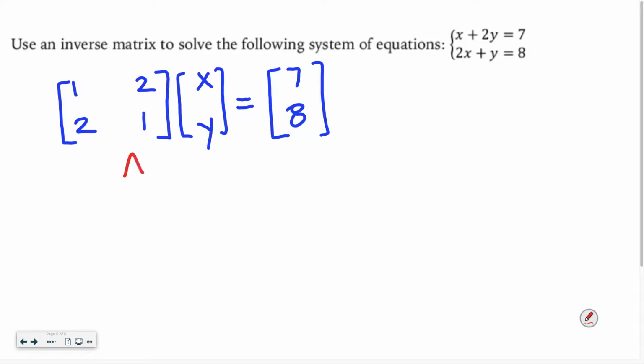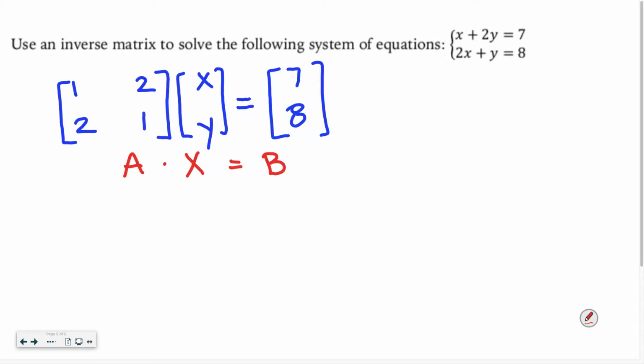I'm going to give this name A. Our variable matrix, I'm going to name capital X, and then I'm going to name this matrix B. Okay? Well, in numeric world, how would we solve for X? If we have A times X equals B, how would we solve for X? We would divide by A.